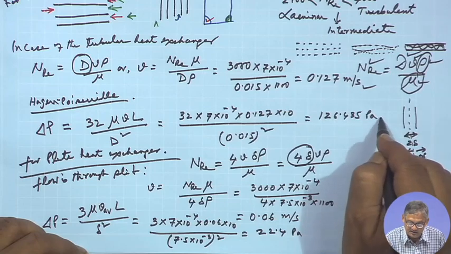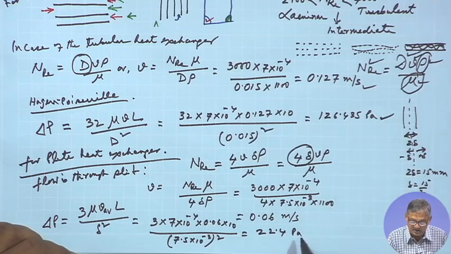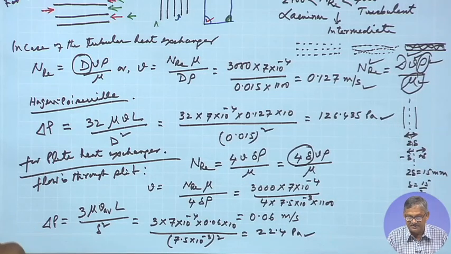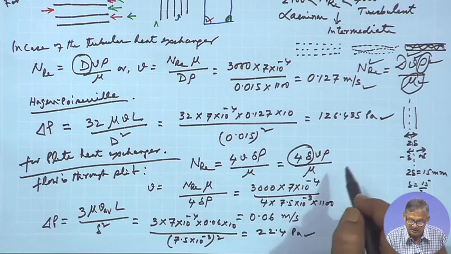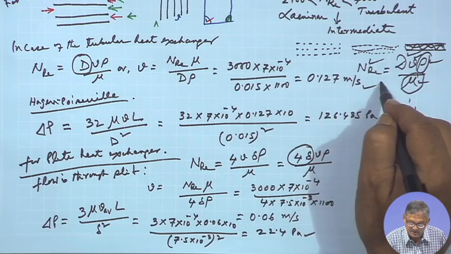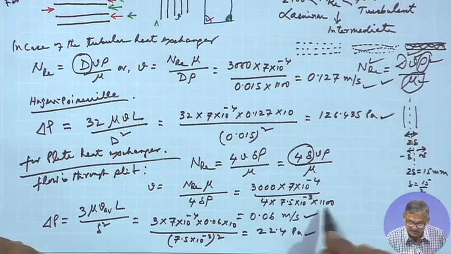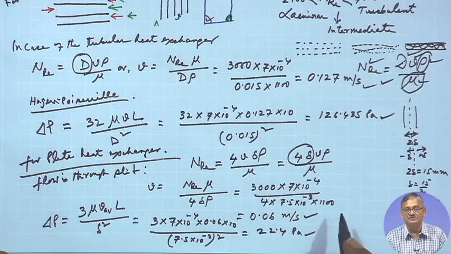So, here the pressure drop was high, here the pressure drop is low; here the velocity was high, here the velocity is low, and the pressure drop is also low.